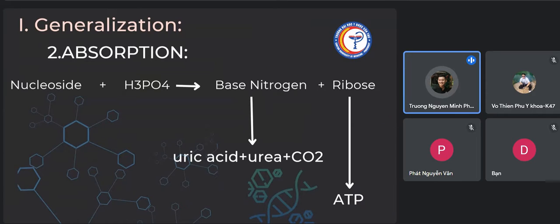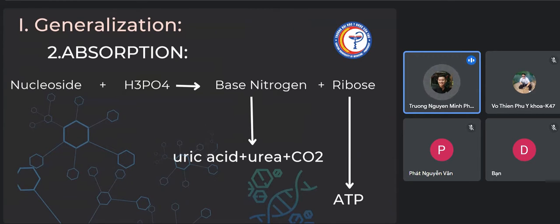About the absorption, the phosphate is added in a phosphorolysis reaction, and then the nucleoside is hydrolyzed into nitrogen base and pentose with the help of the nucleosidase enzyme.